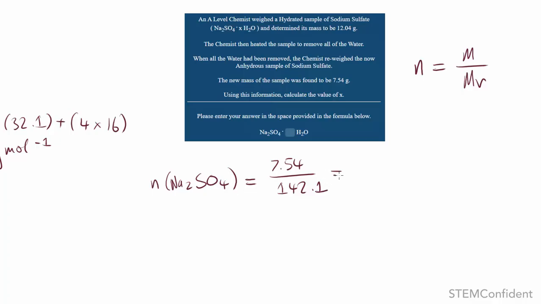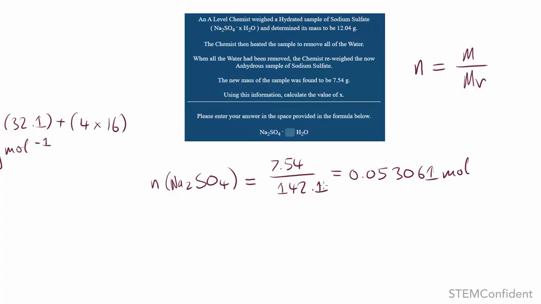So here we're going to have 142.1, right? Okay, so if you do have a go at working that out, what you should find is that you get 0.053061, and that's going to be in moles. Okay, now we also need to look at H2O.